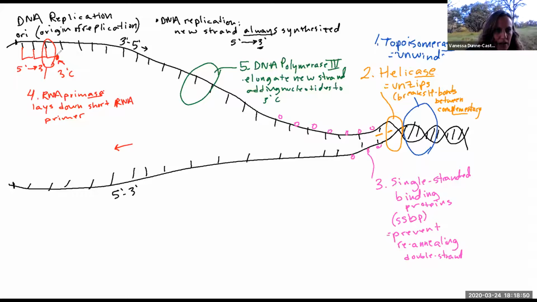So this guy will come and we'll add a nucleotide here to this 3' carbon, and then another one here, and another one here, and continue along this process, adding nucleotides that are complementary to the template, always to that 3' carbon, right? And it will continue indefinitely on this strand here as that replication fork continues to open all the way until the end of that replication cycle.